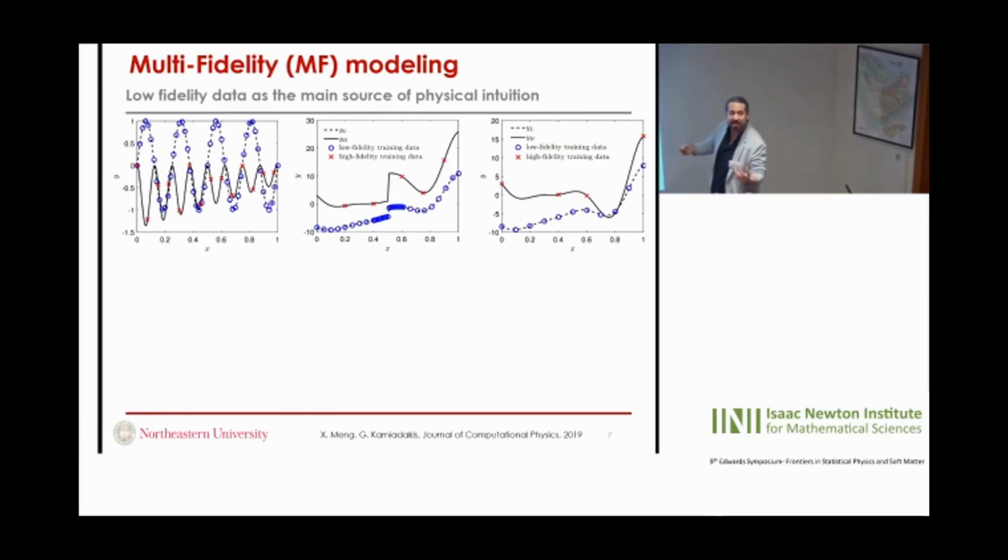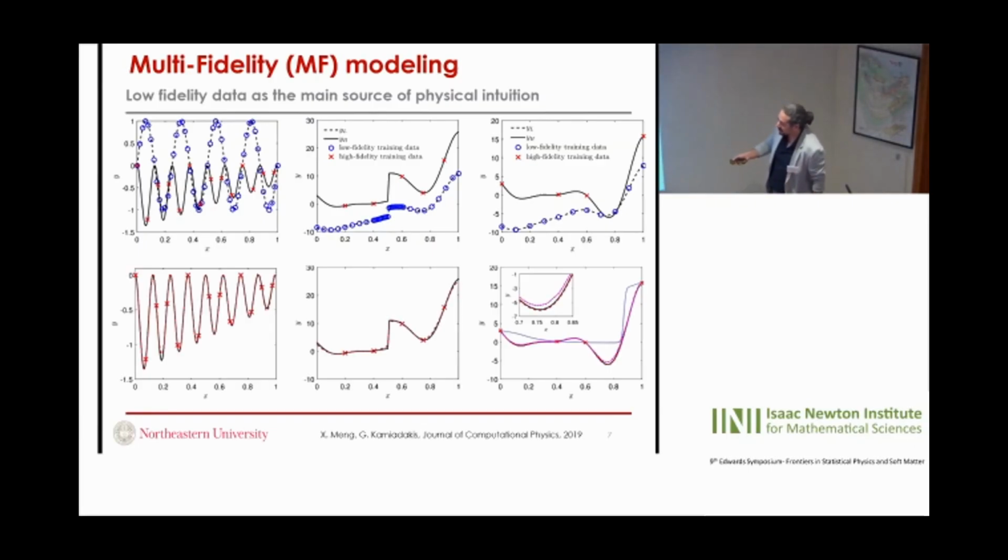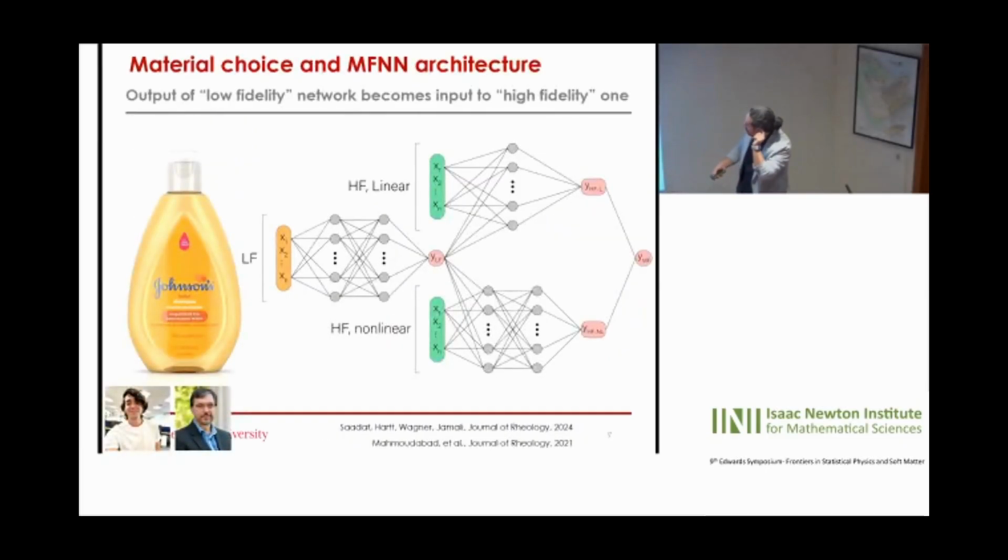But when you mix the two, you can make predictions at these pink or red dashed lines at the level of high fidelity without really having too many high fidelity data points. So that's really powerful. So we started with this in 2021. I'm not going to show you that, but maybe the more recent version of it, in a collaboration with Norm Wagner and my former student Milad Saadeh.